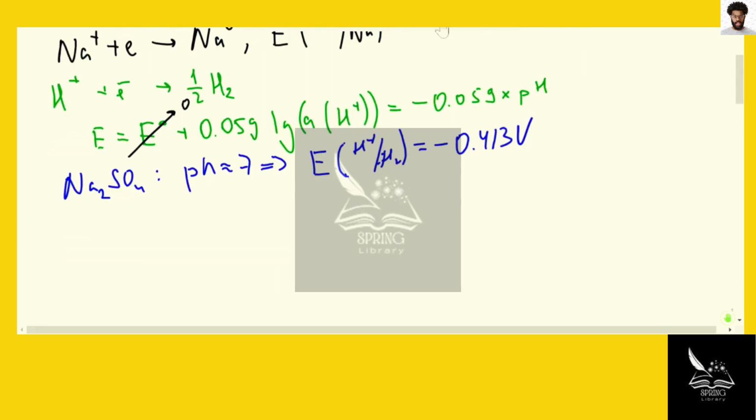So now we can conclude that the potential of the hydrogen redox couple is above the potential of the sodium redox couple.